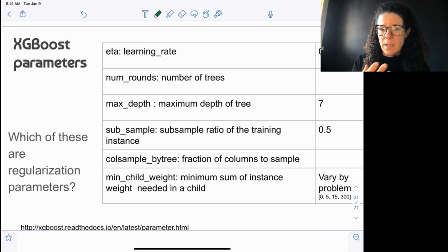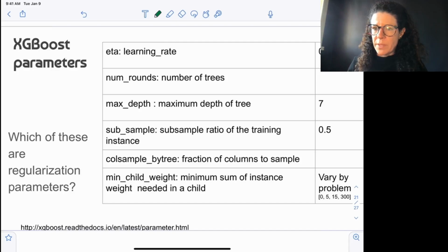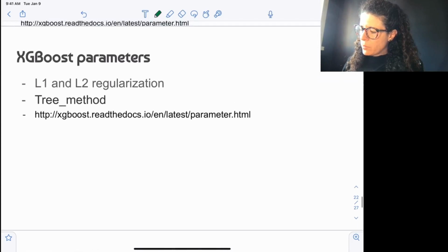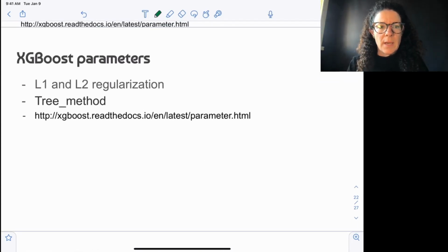You can also take a fraction of the columns instead of all the columns, and you can define some other parameters like the minimum weight that you need for a child tree. You can look up more in the documentation. With XGBoost, you can also do L1 and L2 regularization.